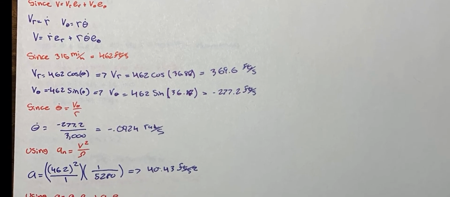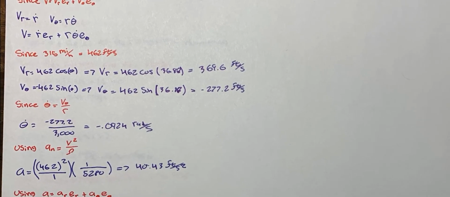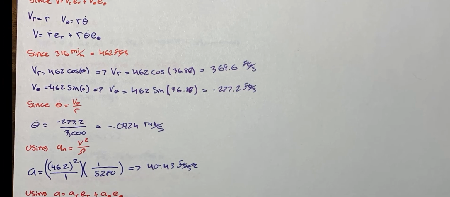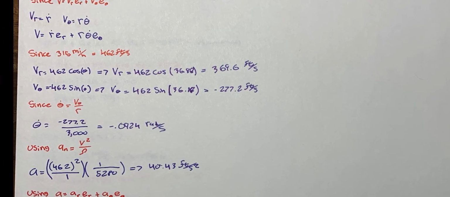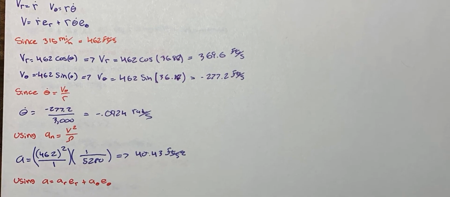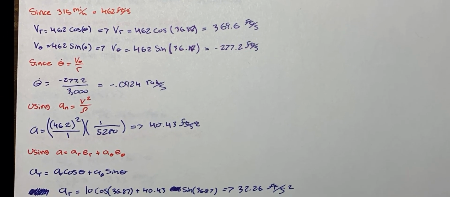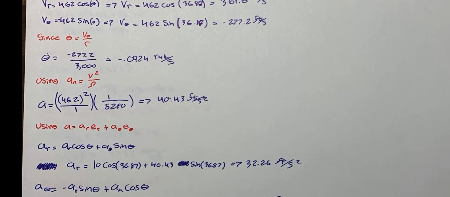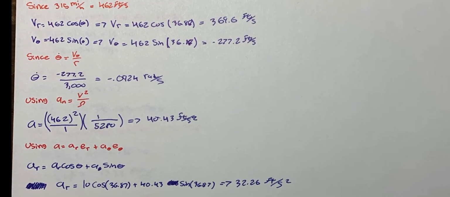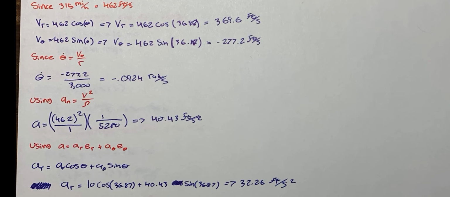And then just plug in the numbers that we were given to solve for the velocity of the radius and the velocity of theta. Using those equations we were given earlier, we can come to the realization that theta dot is equal to v theta over r.